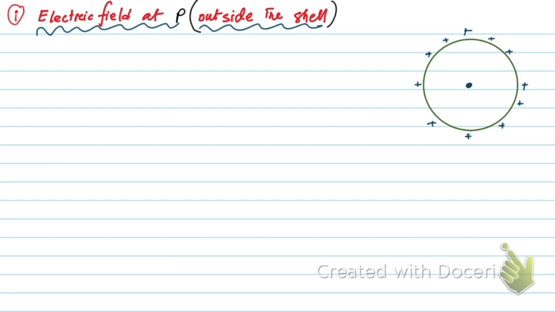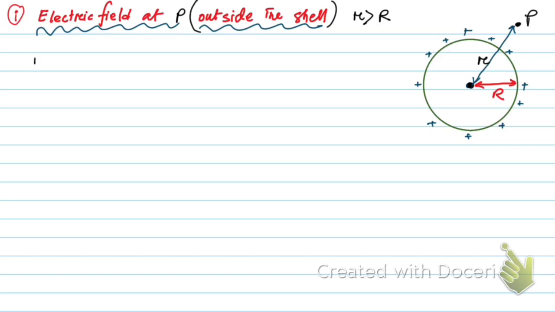Here is the center, and its radius is capital R. There is a point P, and the distance between the center and the point P is small r. Here small r is greater than capital R.